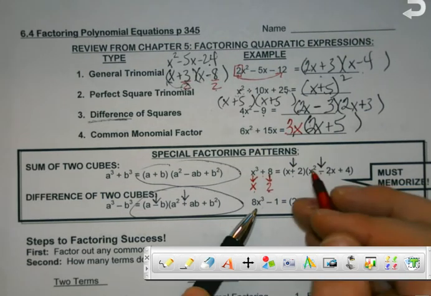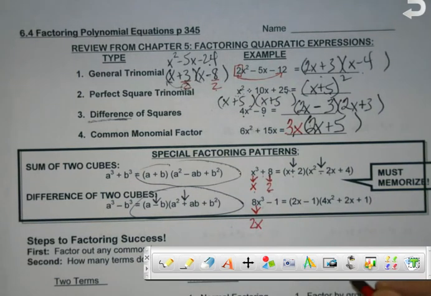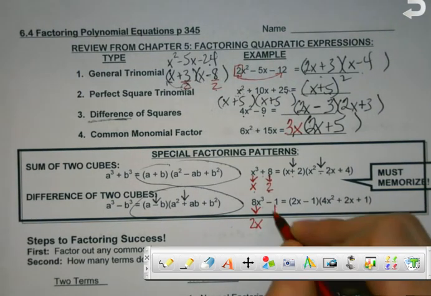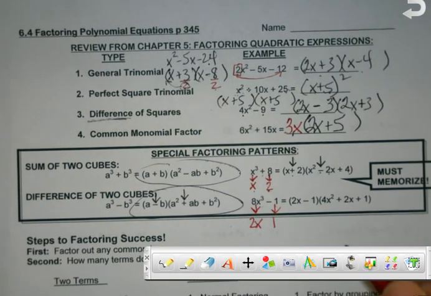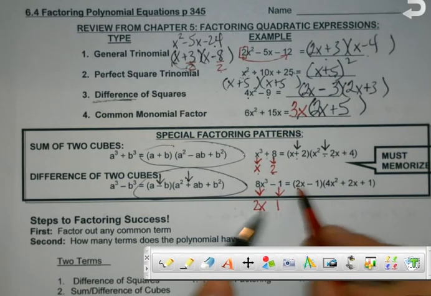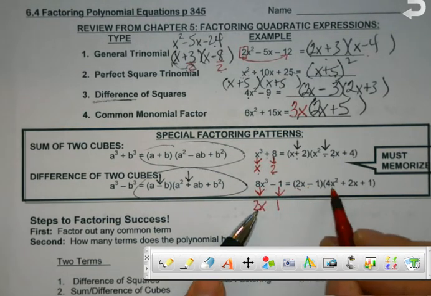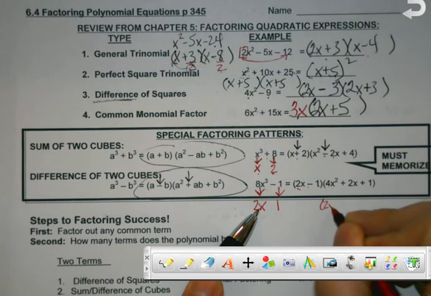Same going on here. I cube 2 to get 8, and x to get x cubed, and I cube 1 to get 1. Kind of a duh moment. So notice, there's my two terms with the sign that's in the middle. That's always going to be my first set of parentheses. And then my second one is squaring my first term.